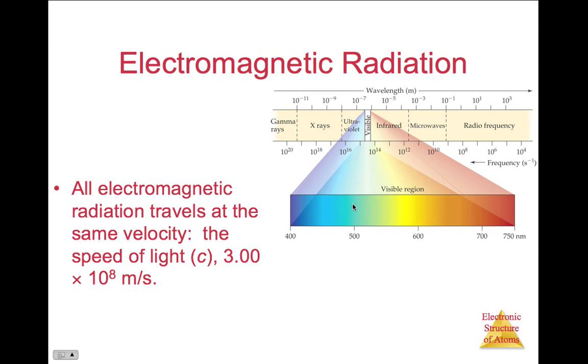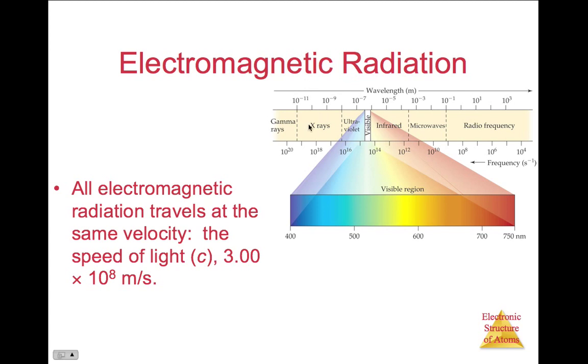These different forms, like radio waves, carry music to our radios and to our ears. Infrared radiation is heat radiation that comes like from a fireplace. X-rays are used by a dentist to obviously X-ray our teeth.